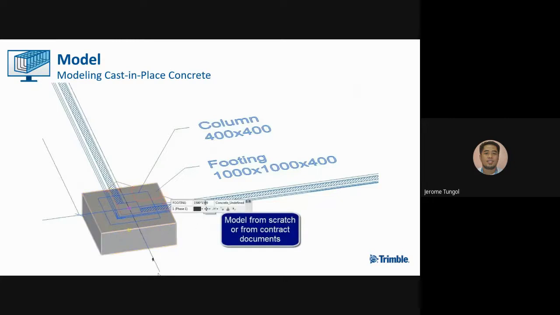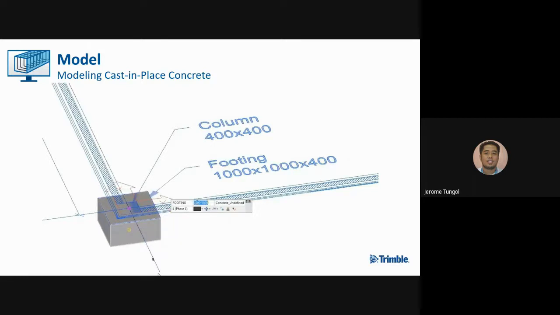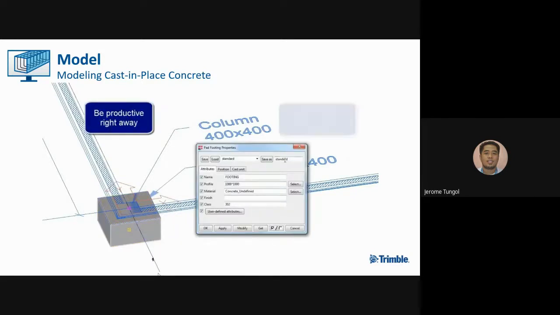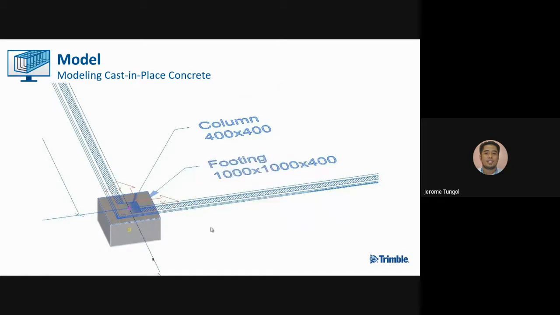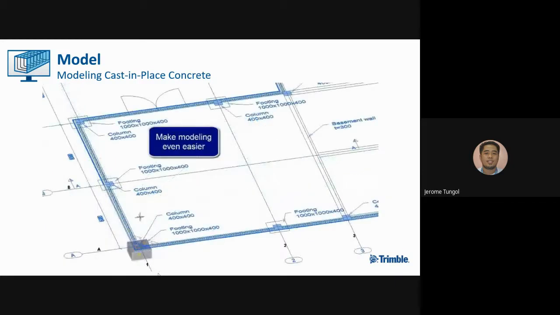Also, we can import and trace our CAD files or PDF files to make it productive. Also, modeling is made quick and easy using intuitive tools like direct modification, merging of concrete volumes, copy and paste tools and more.